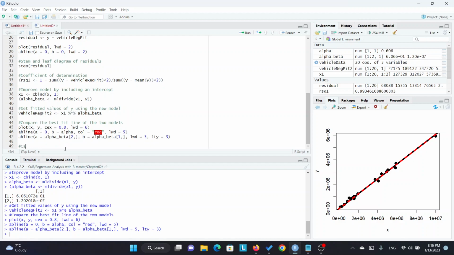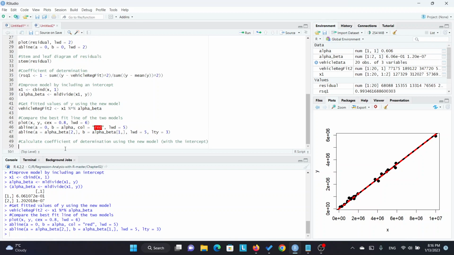In order to quantify if we in fact had any improvement by introducing the intercept, we can calculate the coefficient of determination using the new model with the intercept. We'll name it RSQ2.